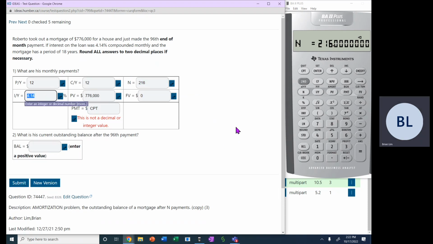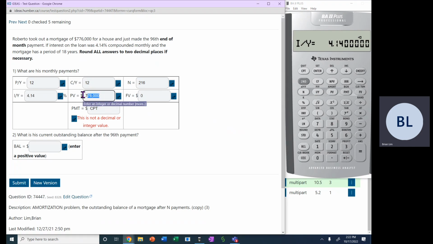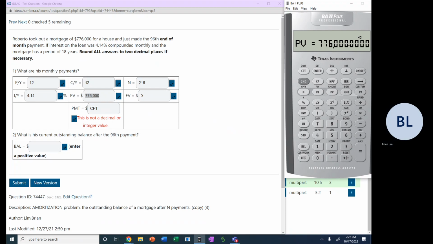The interest rate is 4.14, so we enter 4.14 for IY. Now the present value is 776,000, and we put that value in for the present value. The payment is what we would like to compute.